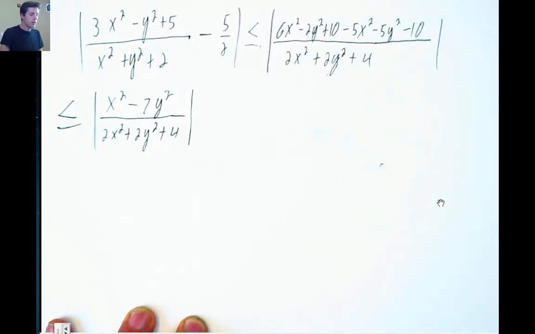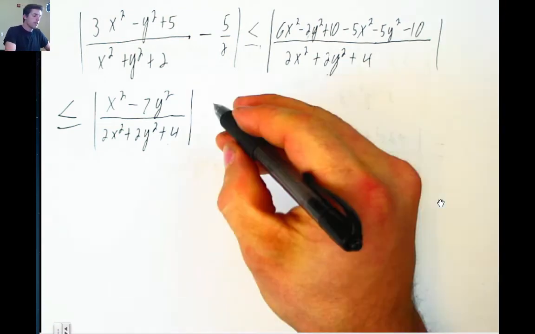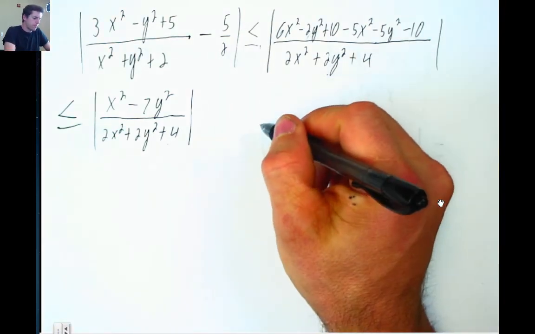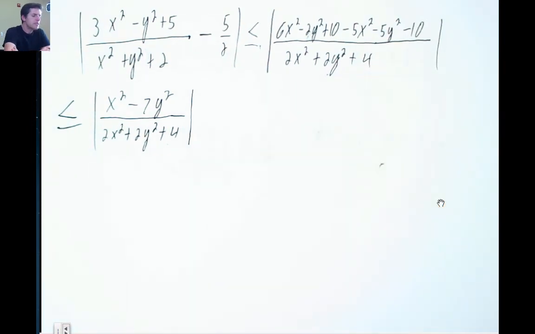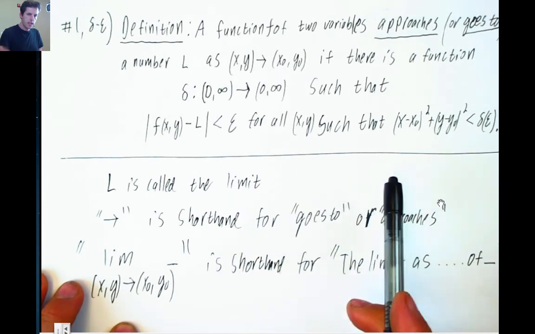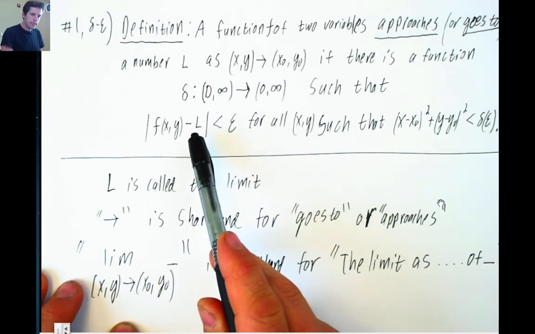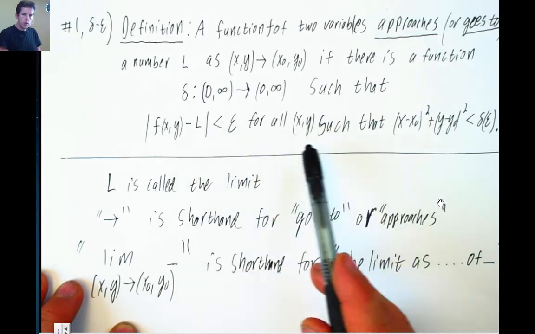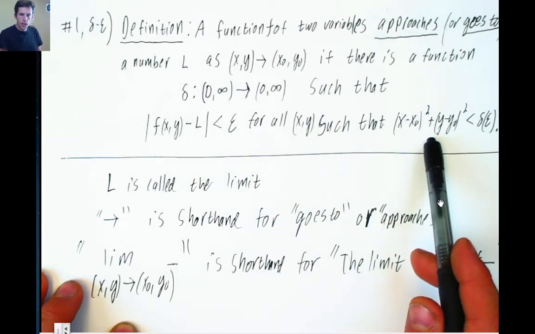I'm okay. Okay, now once again, I want this to be less than epsilon. But what I really want is to think about what this function delta has to be, right? I want to make that condition look like that inequality.